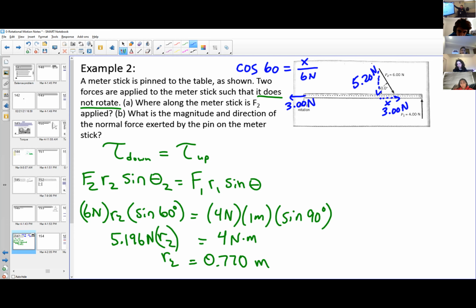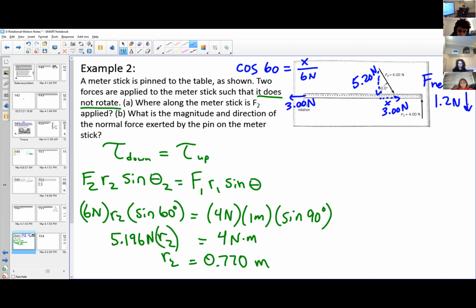There's a 5.2 down, right? And there's a 4 up. So what's the net vertical force? -1.2 newtons. 1.2 newtons down. There's 5.2 pushing down, 4 up. So the net vertically is 1.2 down.